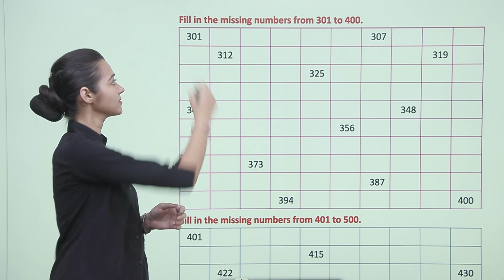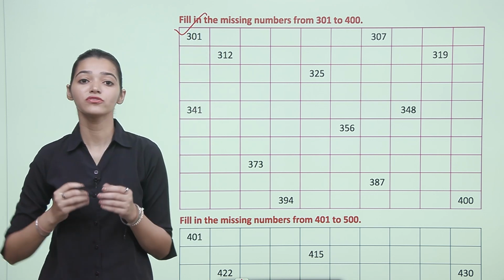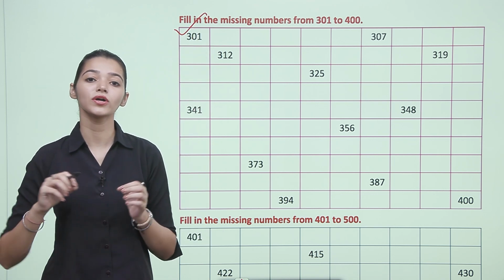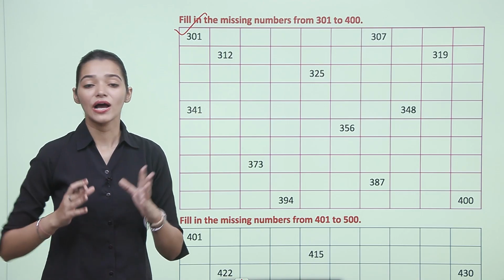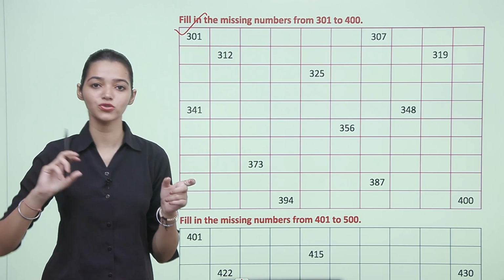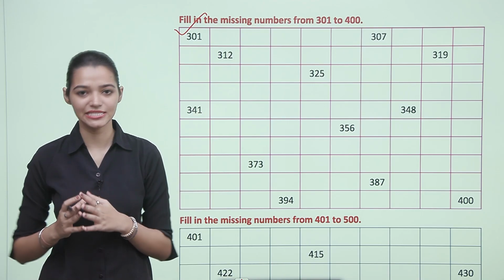Now next, we have to fill in the missing numbers from 301 to 400. As we have done for 201 to 300, that's how we have to complete this table also.